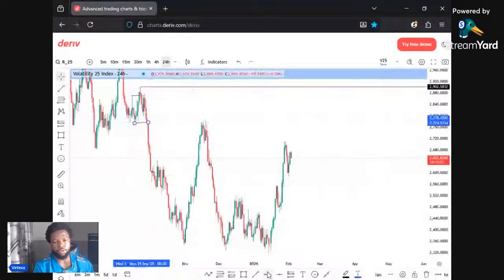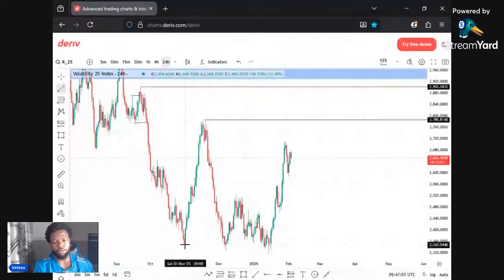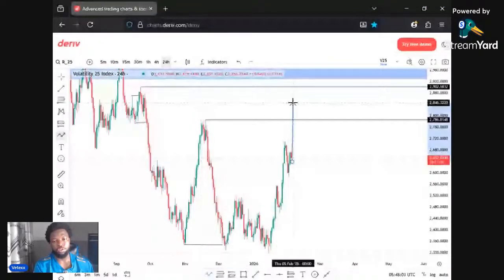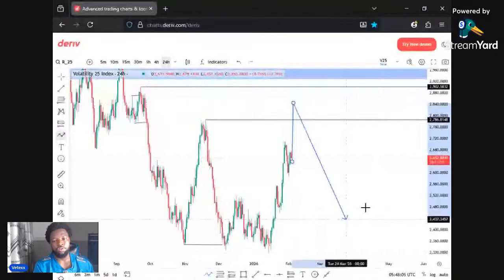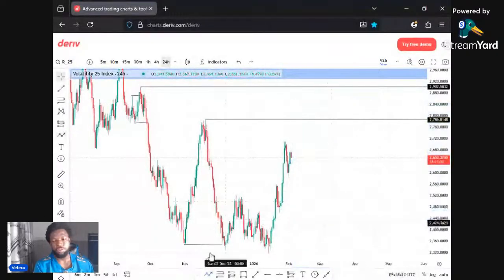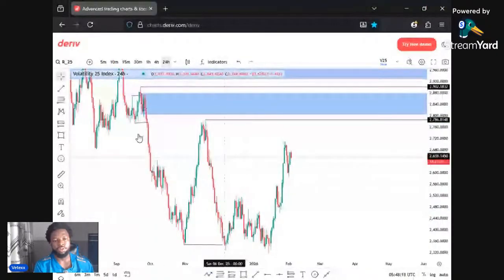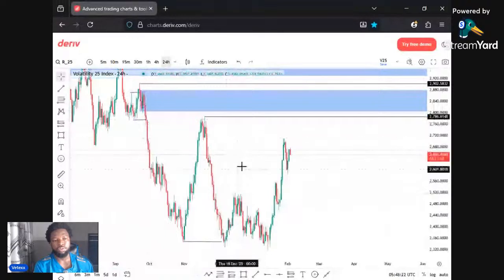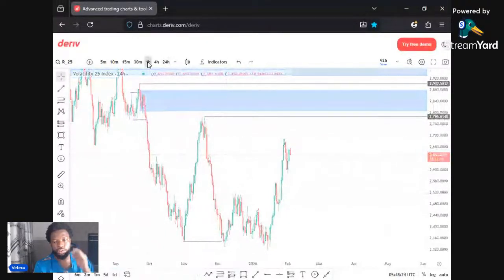These are structural liquidity, and then this is our second break of structure. So we anticipate price to come into this POI, give us a 4-hour structure. Then on that 4 hour, we can go to the 15 minutes, 10 minutes, and take more. This is our point of interest. So this is what we have on V25. So let's check the 1 hour if there's something happening on the 1 hour.